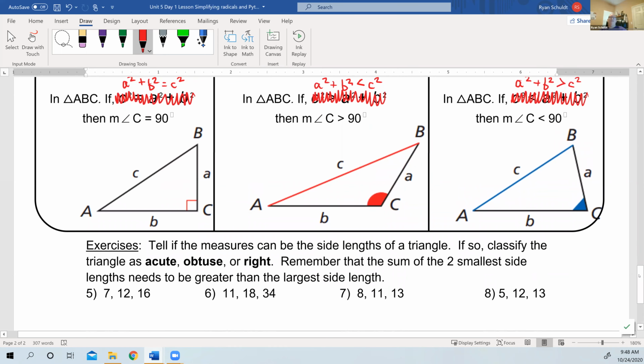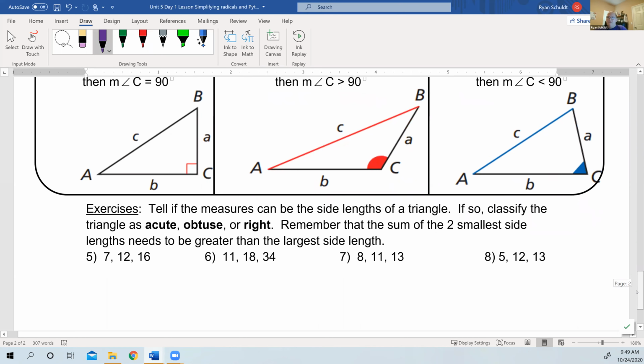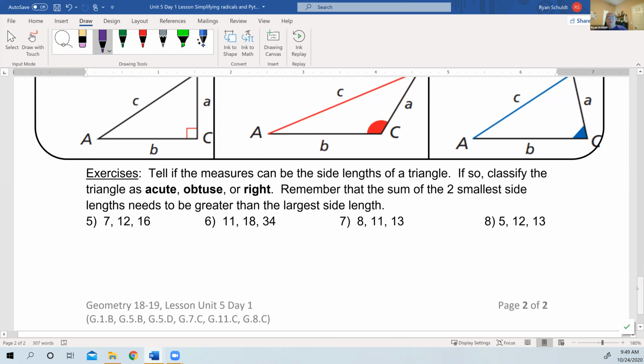Okay, so on these, first we have to say whether it can be a triangle or not, just like we did in Unit 4. If it can be, we have to say what kind. And we have to use the method we just talked about. So let's go through on each of these first and figure out if it can be a triangle.